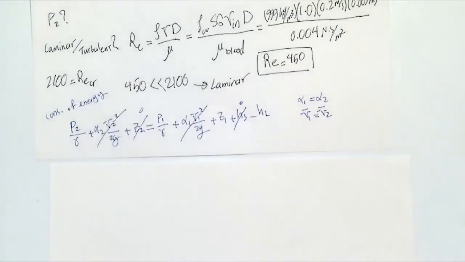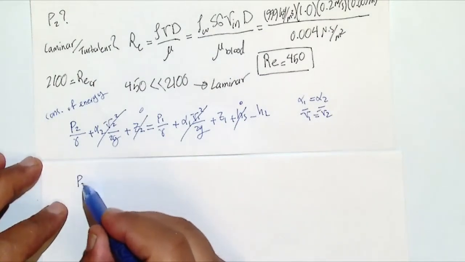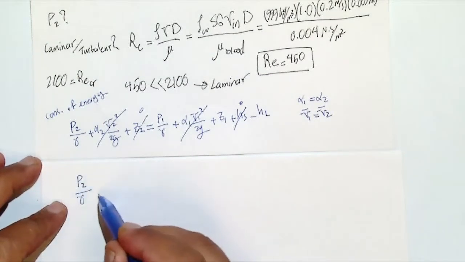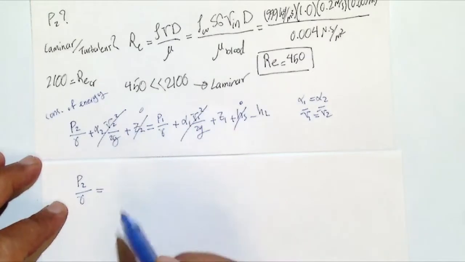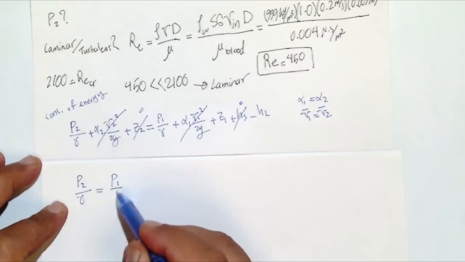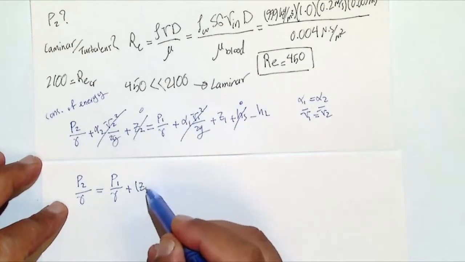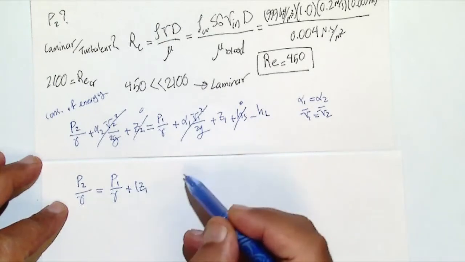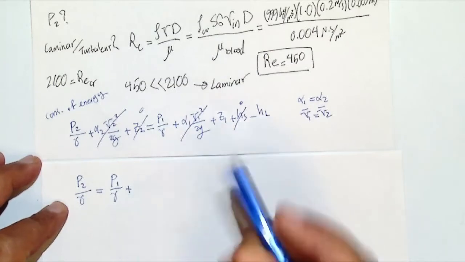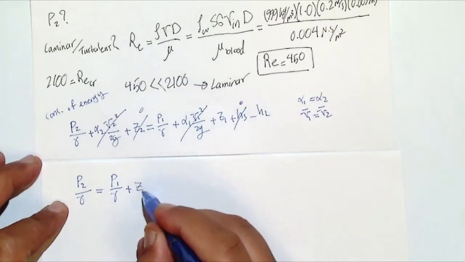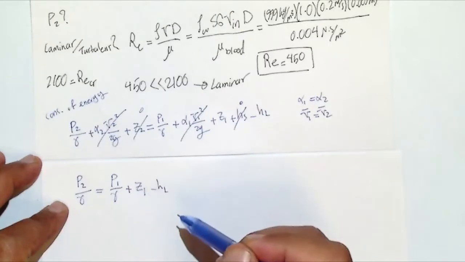When we make it simple with P2 over gamma is equal to, we get rid of these two terms, is equal to P1 over gamma plus Z1 minus Z2. We don't care about it because Z2 is 0, only Z1 should be here, so Z1 and minus HL, which is your head loss, right?